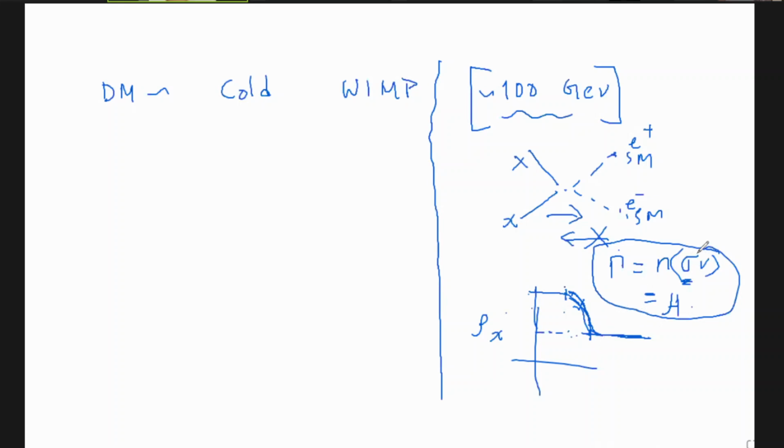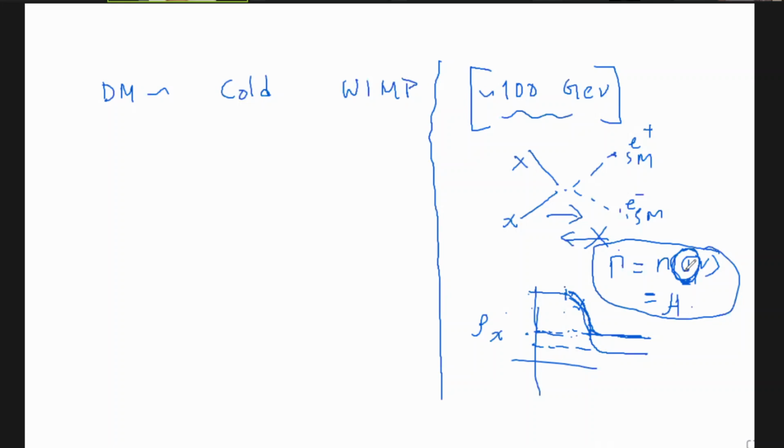So now you tell me, if sigma is high for a dark matter particle, then today do we get lower dark matter density, higher dark matter density, or will it freeze out later? Which one will happen? If I increase sigma, will rho dark matter today decrease or increase? Suppose some dark matter candidate has way more annihilation rate.